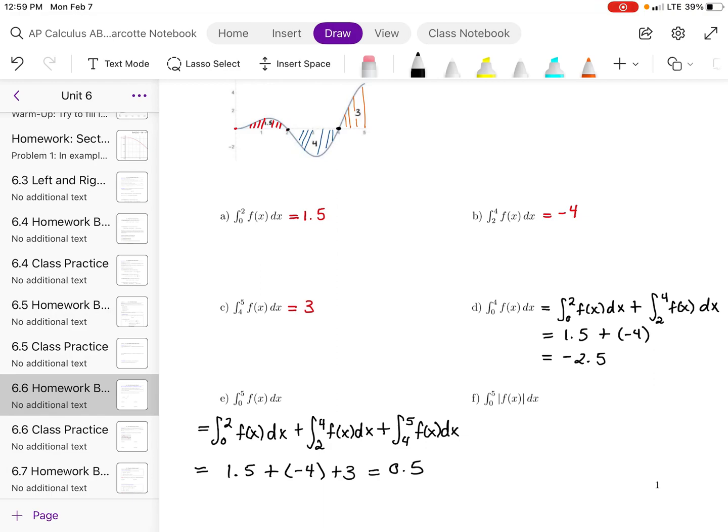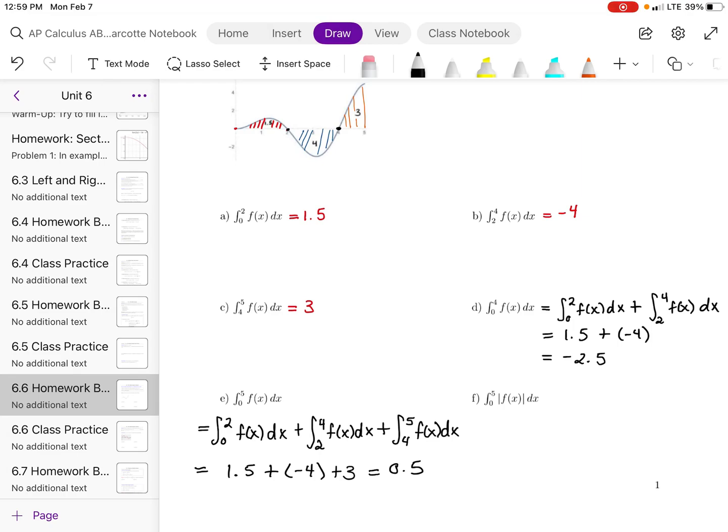Okay, so now what it's asking for, though, is the integral, but of the absolute value of f of x. So this is what gets a little weird. Basically what this means is that whatever I plug into the function for x, my output value is within the absolute value.